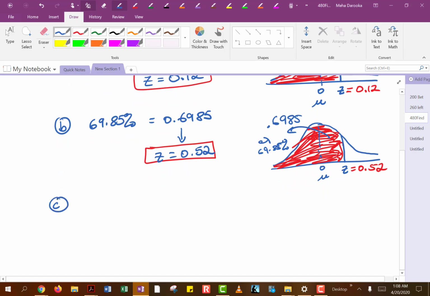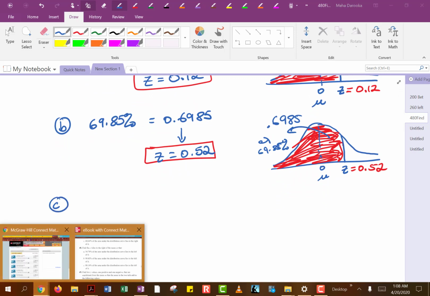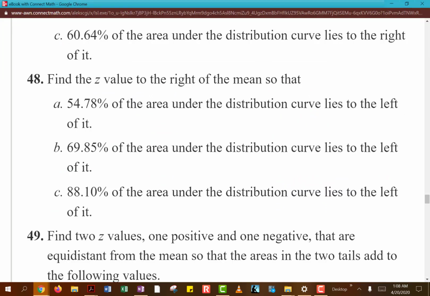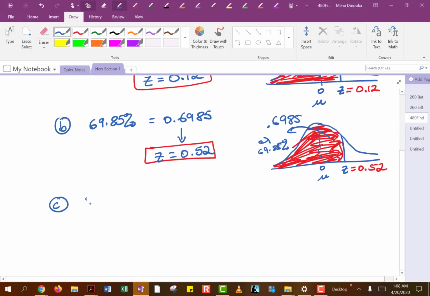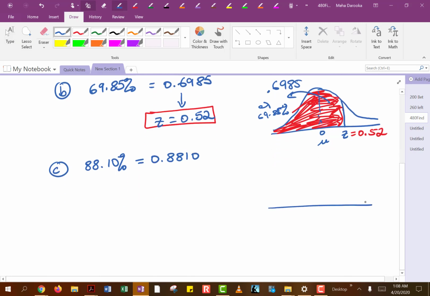Now let's see what they're asking us for part C. And part C is 88.10%. Okay, so 88.10%, which again as a decimal will be 0.8810. So again, our little normal distribution curve. Okay, mu in the middle.